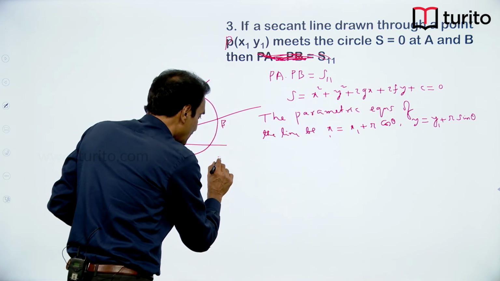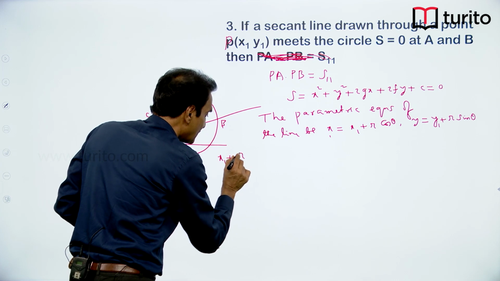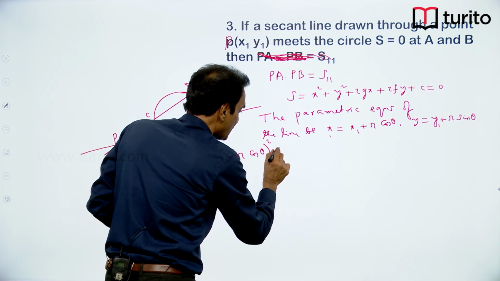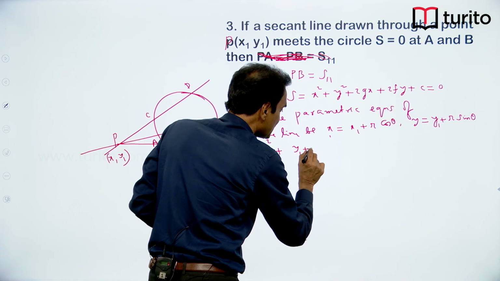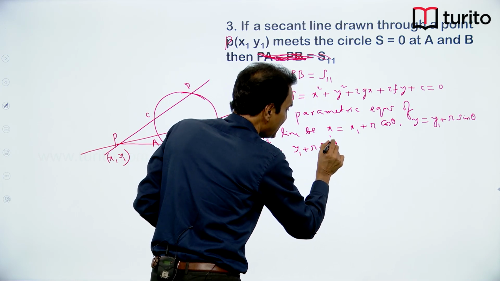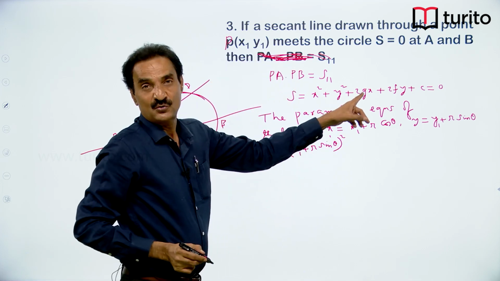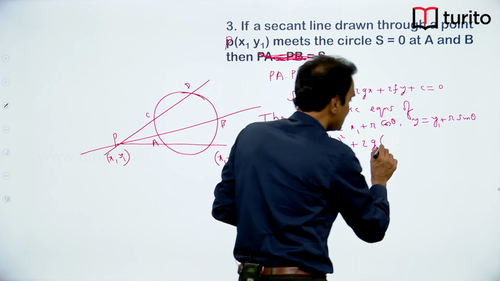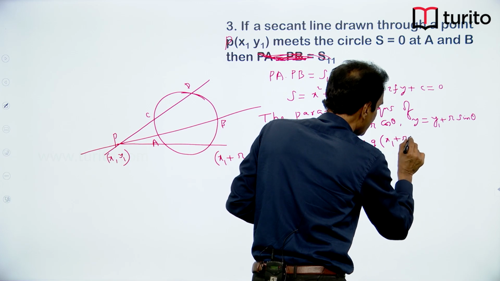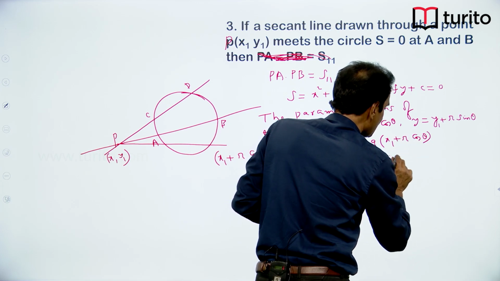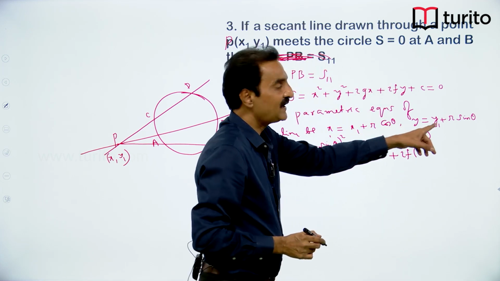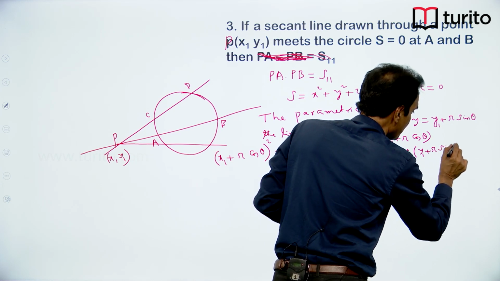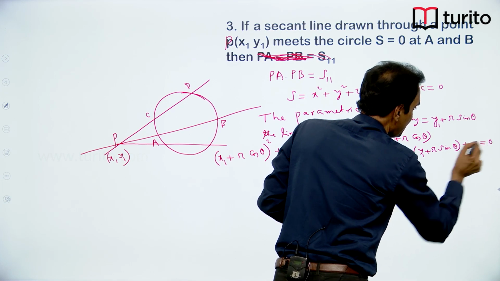What will you get? (x1 plus r cos theta) whole square plus (y1 plus r sin theta) whole square plus 2gx, 2 into g into x is x1 plus r cos theta, plus 2fy, 2f into y is y1 plus r sin theta, plus c is equal to 0.